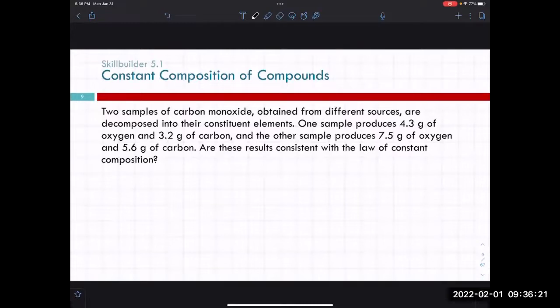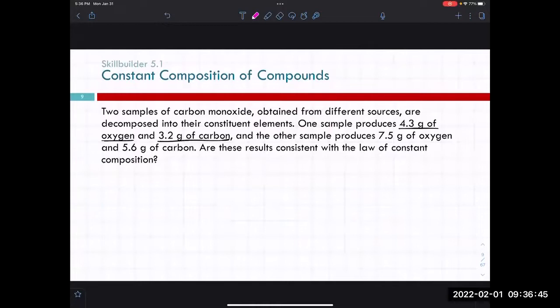I think this is a good problem for general word problem solving techniques. Make sure that you keep the numbers together that are related. For example, in one sample, I'll use 2 different colors for this, it produces 4.3 grams of oxygen and 3.2 grams of carbon. So that's our one sample.